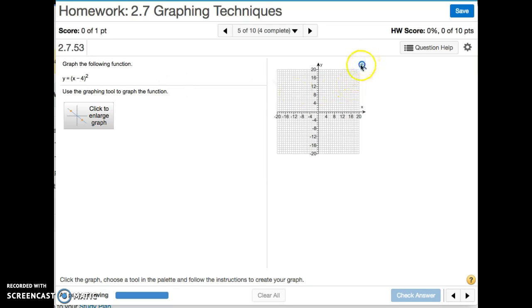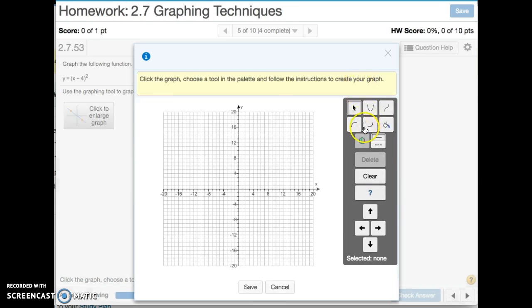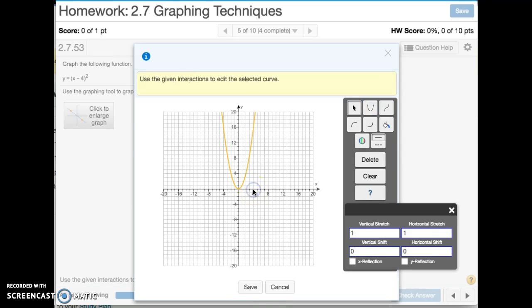So we're going to use our graphing tool, that is the parabola. We're going to first plot a point where the vertex is located, and this one has been shifted to the right 4 units. We're going to the point 4 and then plotting our first point, and we see that this pop-up window shows up.